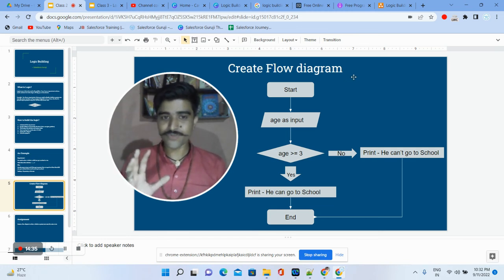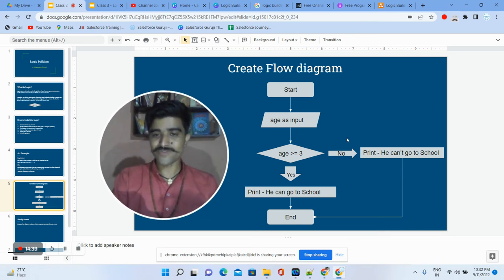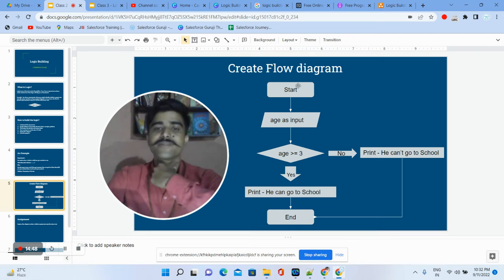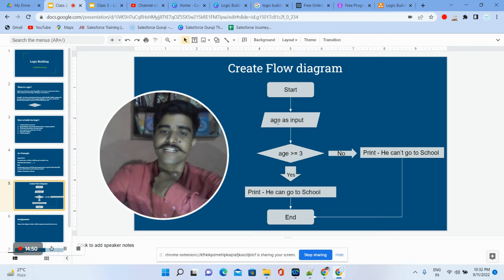And you don't need to worry about this one right now, because all of these things, the components, everything, we will cover. You just need to know about this flow. So basically, this is our start element. From here it's starting. We are taking age as input.